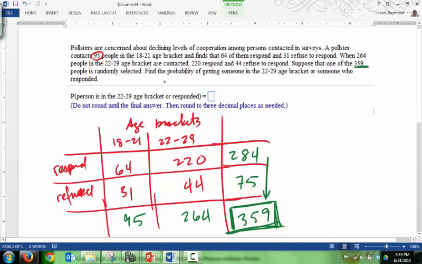So, according to our formula, this is going to equal the probability that we get somebody in the 22 to 29 age bracket, plus the probability of somebody who responded, minus the probability that we got somebody in the 22 to 29 age bracket and responded.